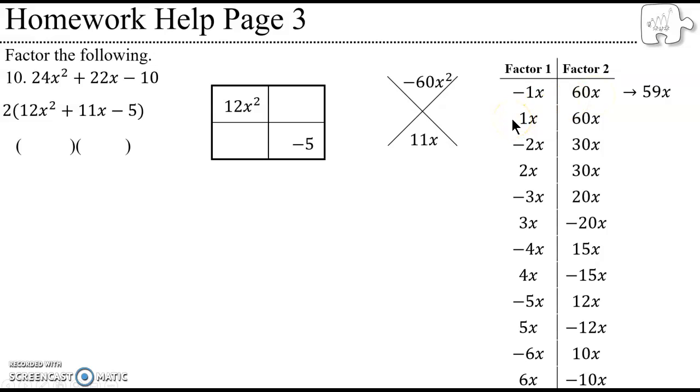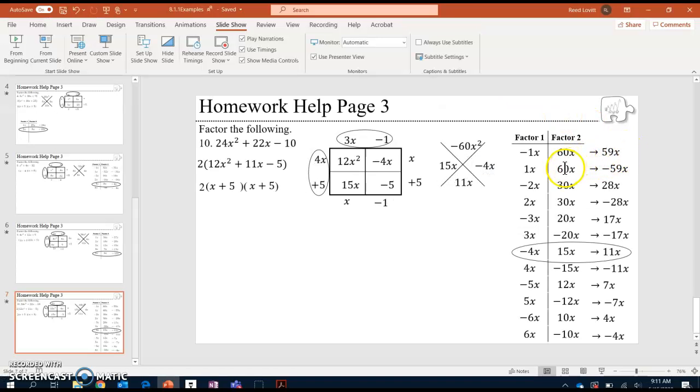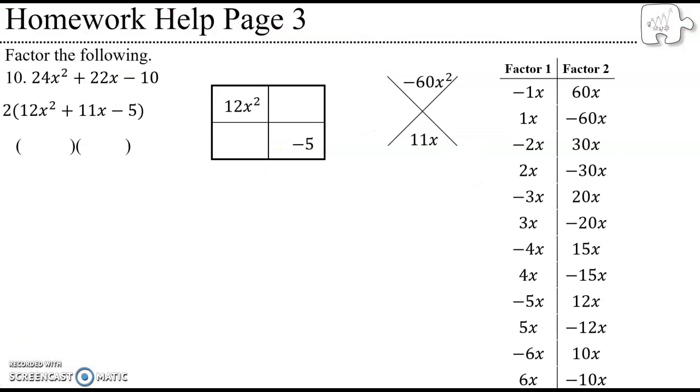Oops, I forgot about some of these negatives. That looks like it took care of that. 59x, or we could have 1 and negative 60x, which gives us negative 59x.